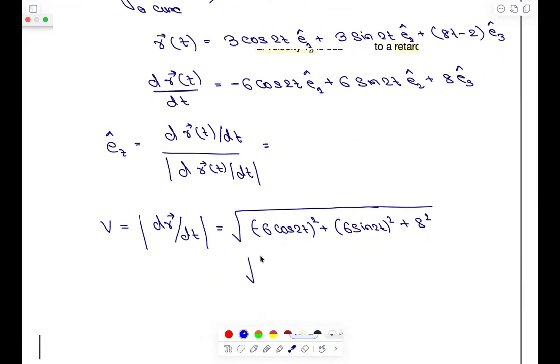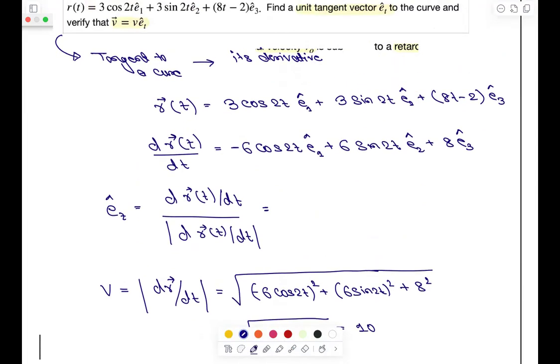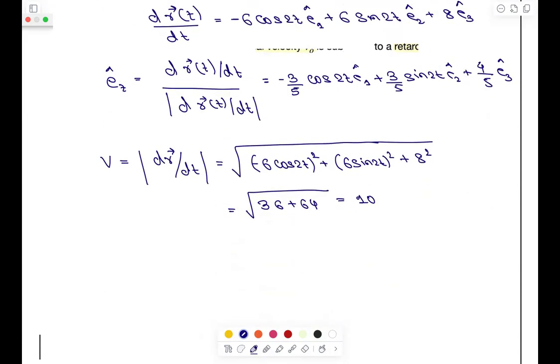So it will be 36 plus 64. So ultimately it will be 10, right? Now if you divide this by 10, what will you get? So 6 by 10 is minus 3 by 5. So minus 3 by 5 cos 2t E1, this will also become 3 by 5 sin 2t E2, divided by 10. And 8 divided by 10 will be 4 by 5 E3. Now this is your v, this is your ET.